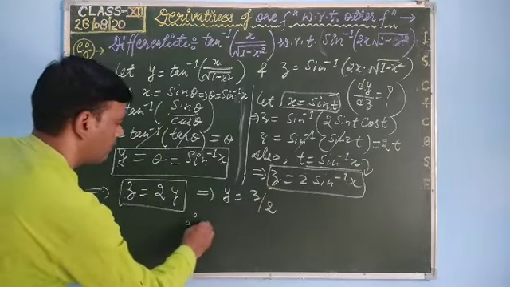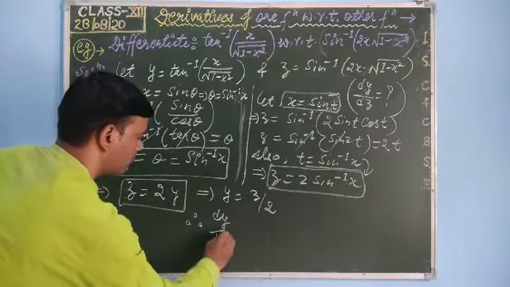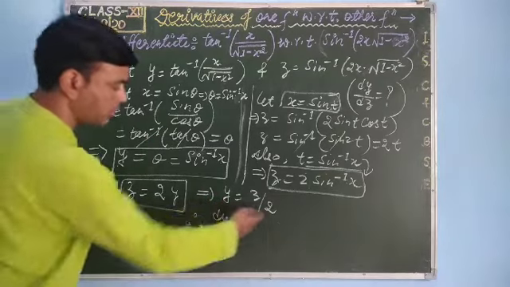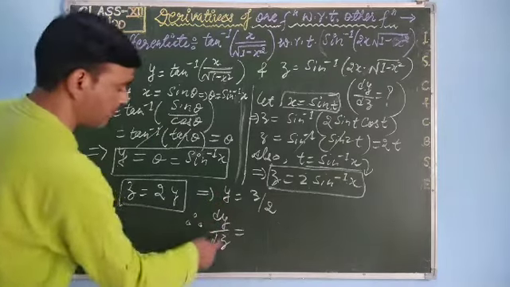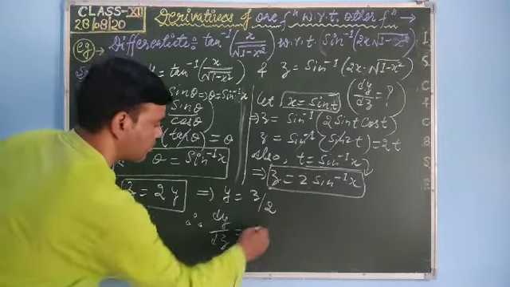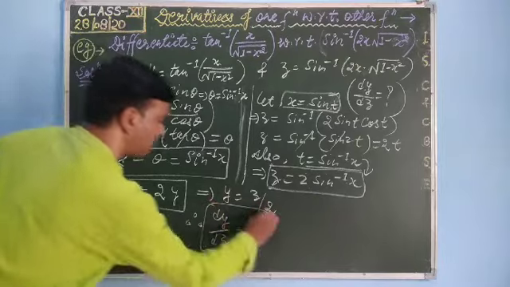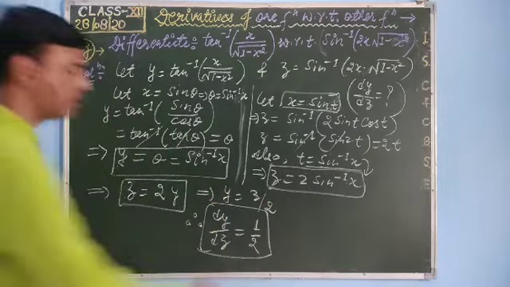Therefore dy by dz, differentiating both sides with respect to z, is equal to half, which is constant, and dz upon dz is equal to 1. It means dy by dz is one half, which is our answer.